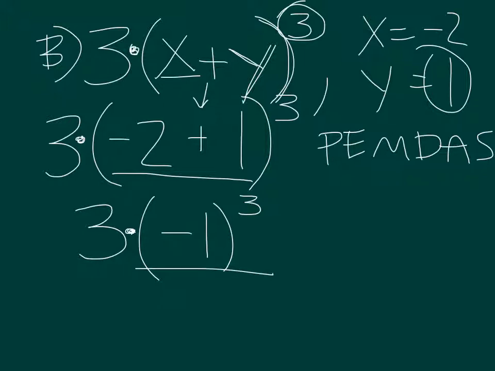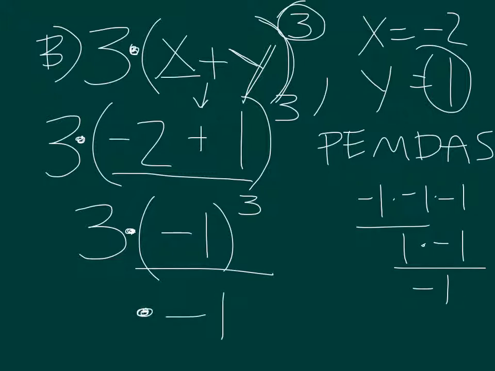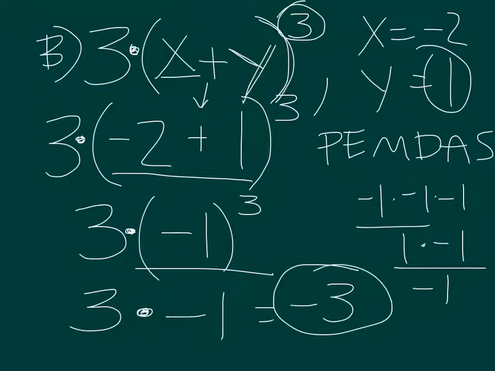Negative 1 to the third power. Negative 1 times negative 1 times negative 1. Negative 1 times negative 1 is positive 1. Positive 1 times negative 1 is back to negative 1. So negative 1 to the third power is negative 1. And then you're still multiplying by the 3 that's out front. And 3 times negative 1 is negative 3.